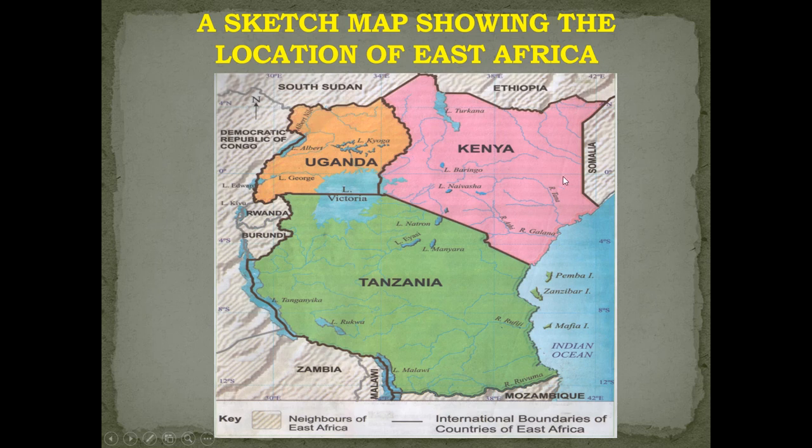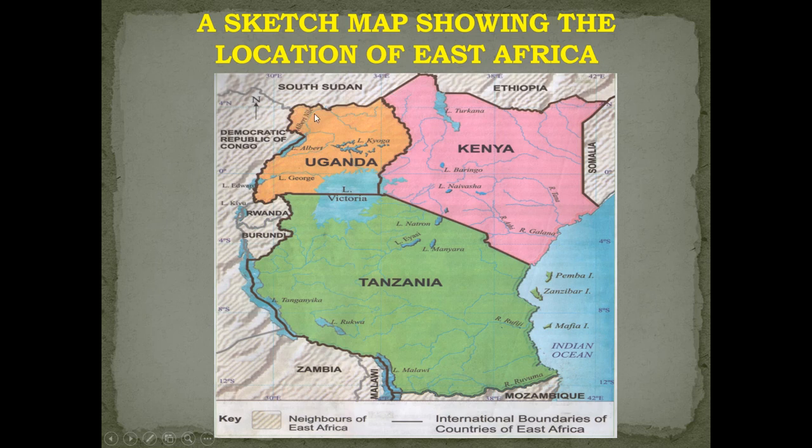And then we said approximately 42 because there is a small portion that is outside 42, but most of the land area of East Africa lies before this longitude 42 degrees east.